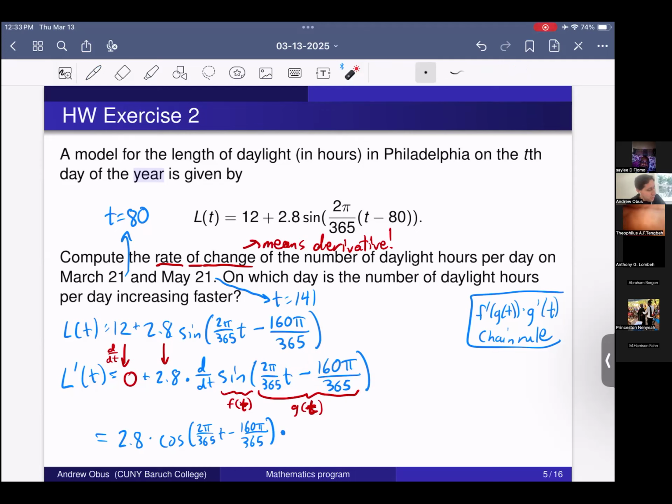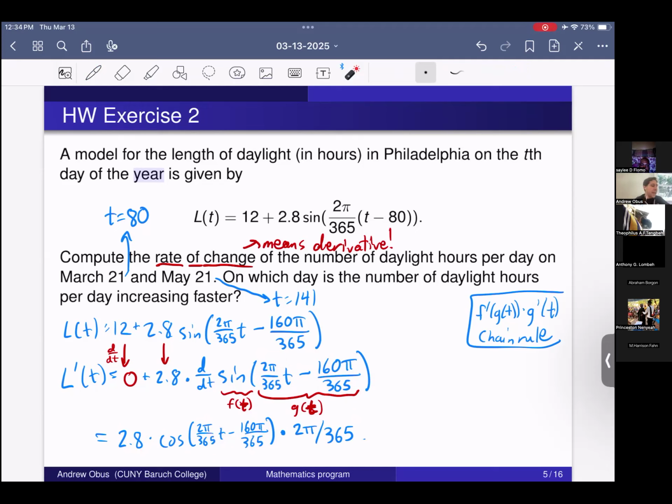So when you take the derivative, this term disappears, and over here, all that you get is the 2 pi over 365, right? So this is times 2 pi divided by 365. Okay, so this is the derivative. Is 2.8 times cosine of 2 pi over 365t minus 160 pi over 365 times 2 pi over 365.